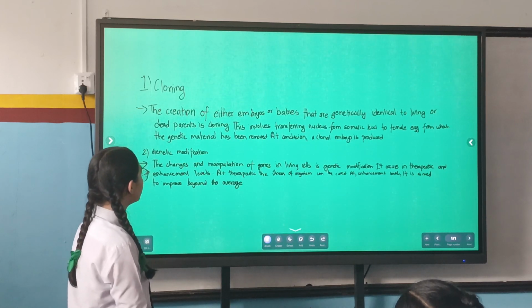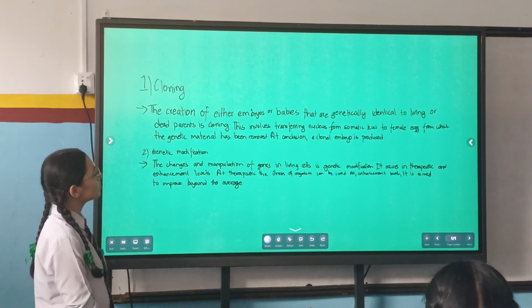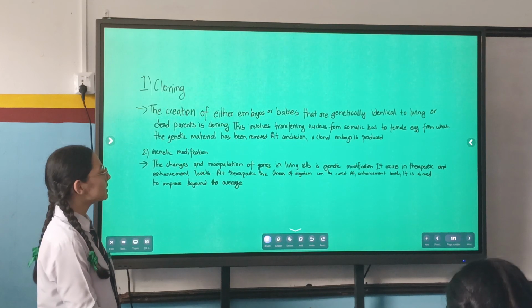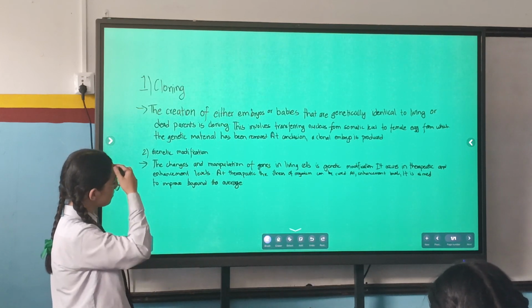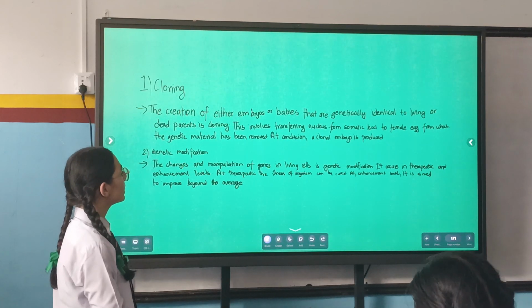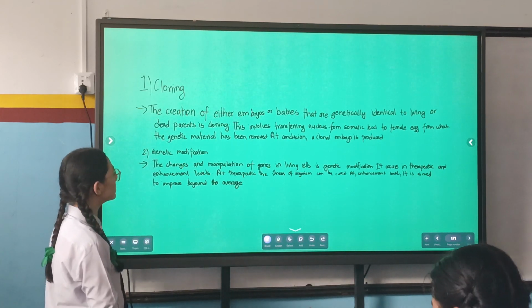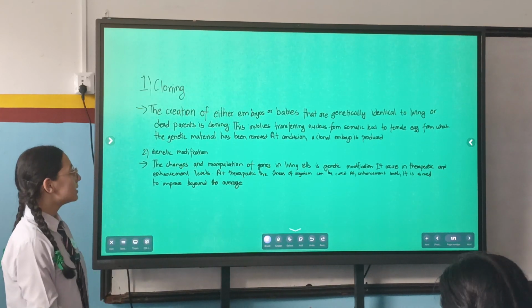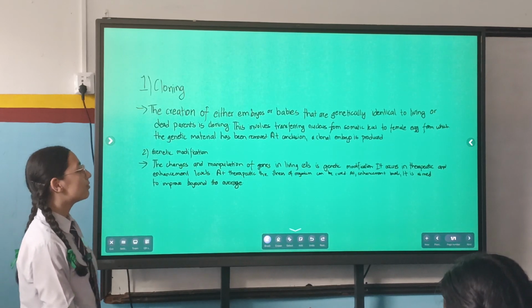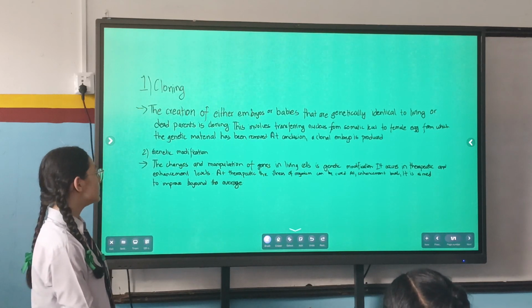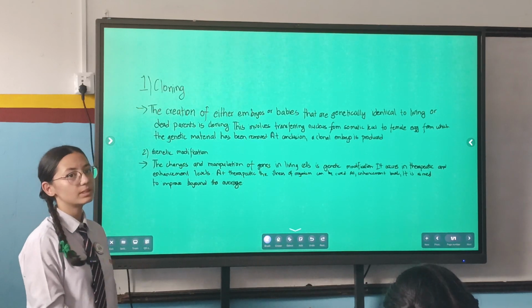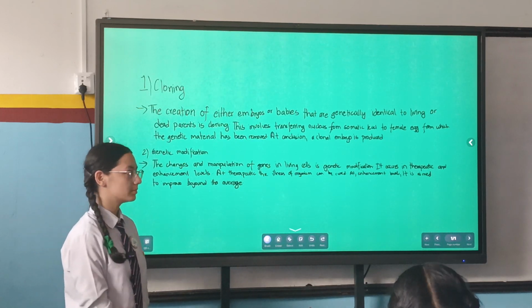Genetic modification, the changes and manipulation of genes in living cells, is genetic modification. It occurs in therapeutic and enhancement levels. At therapeutic level, the illness of an organism can be cured, and at enhancement level, it is aimed to improve beyond the average.